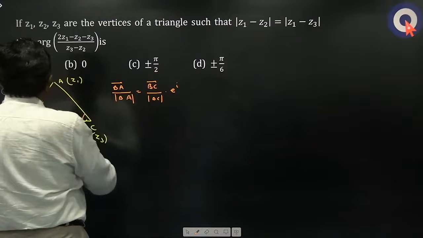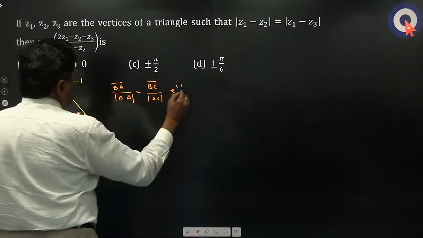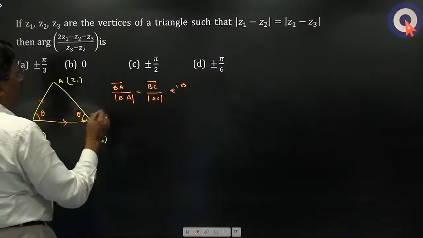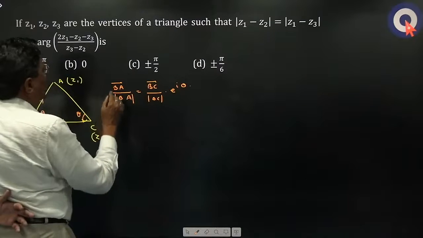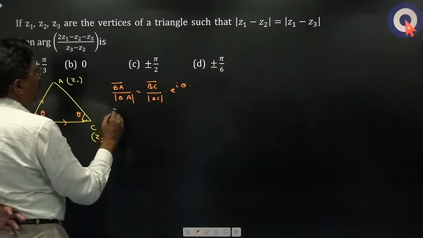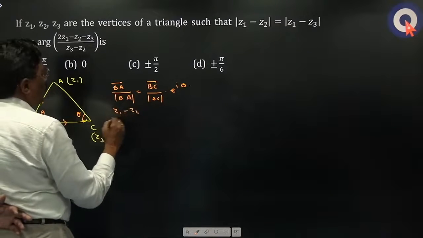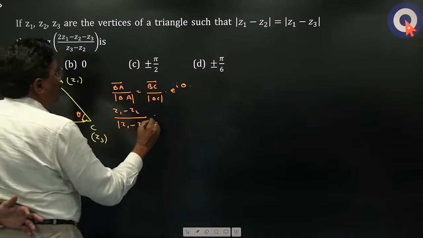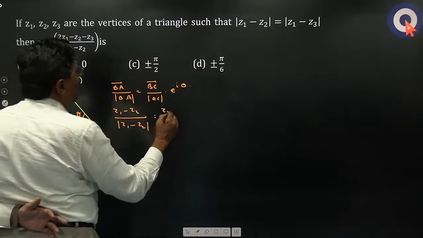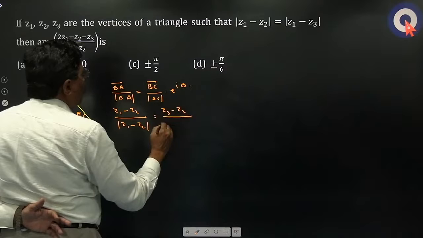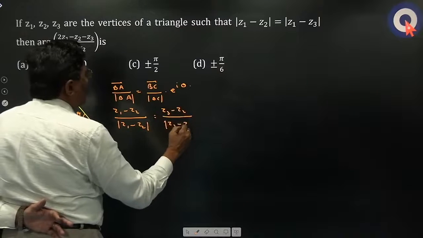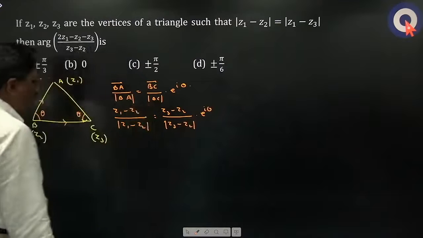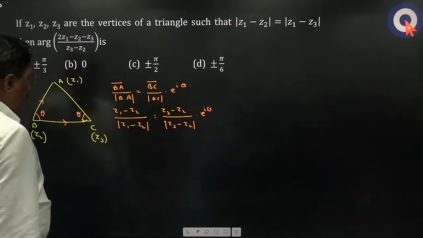Let us call this theta. So BA, BC, there is no link. All right. So BA is Z1 minus Z2 by mod Z1 minus Z2, which is equal to BC, Z3 minus Z2 by mod Z3 minus Z2, into e to the power of I theta. Let it remain like that.